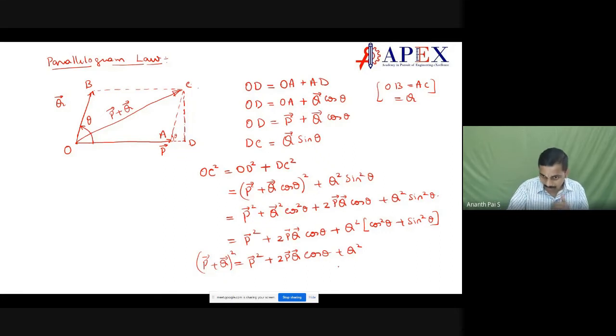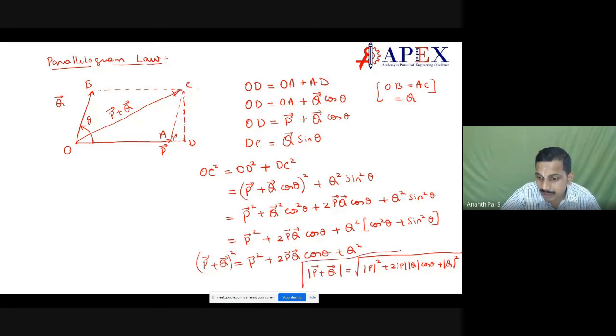So now further going with this, I can write that the magnitude of P plus Q can be written as square root of magnitude of P square plus 2 times magnitude of P magnitude of Q cos theta plus magnitude of Q the whole square. This is very important. This is the parallelogram law of vector addition in algebraic form.